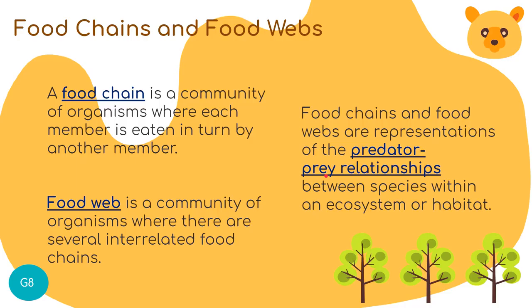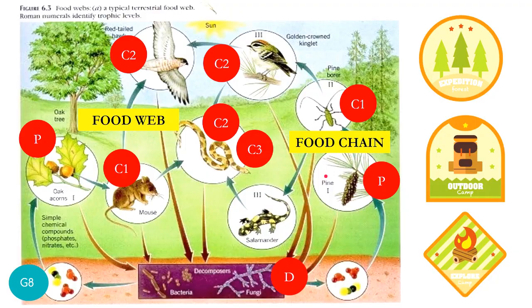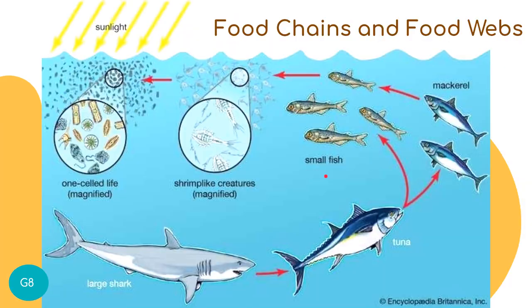So what we've seen here is a terrestrial ecosystem. This is an example of an aquatic ecosystem. So here, your primary consumers are your algae and diatoms. Okay? So they're the ones that perform photosynthesis.